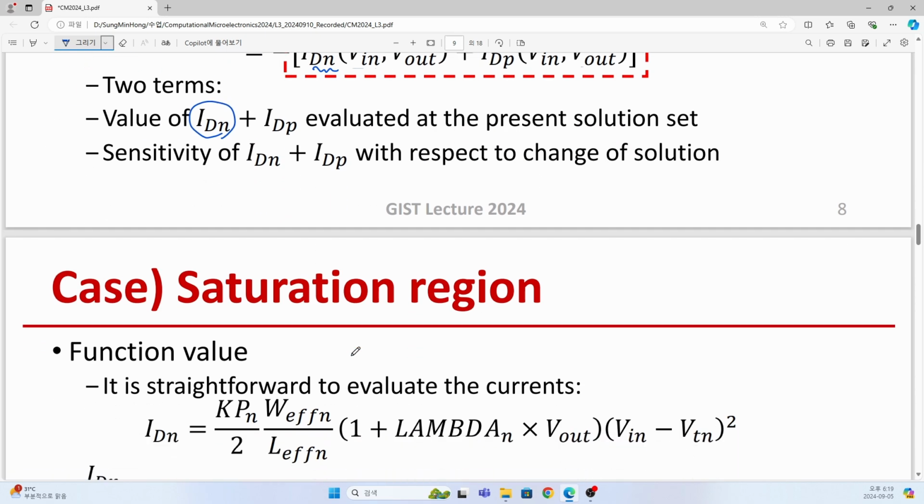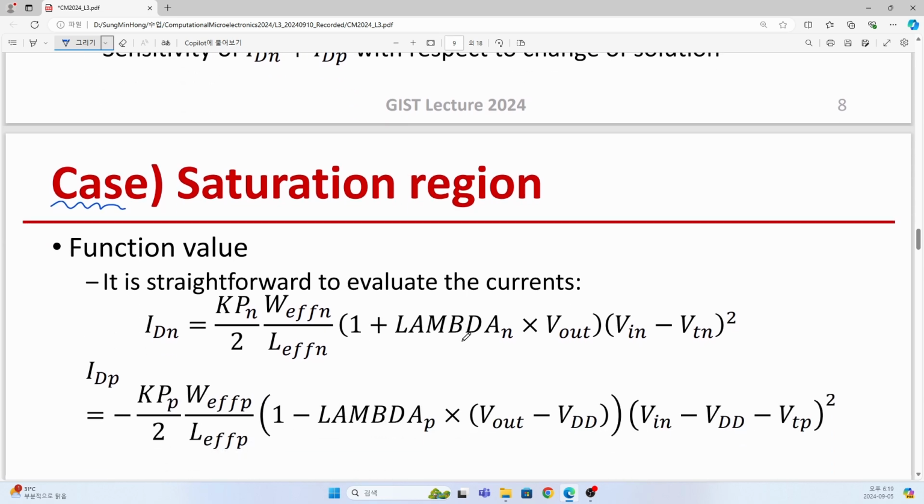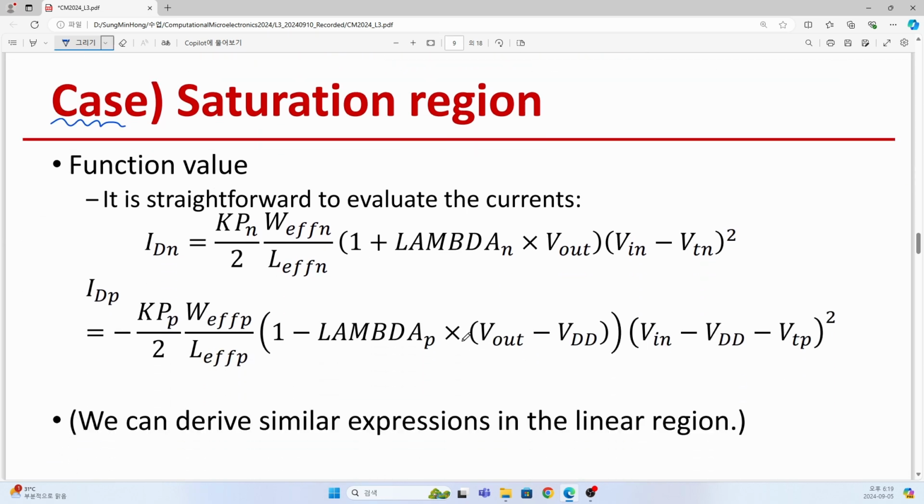So let me just show you a case study. For example, let's assume that our MOSFETs are in the saturation region. In this case, the expression for the NMOSFET drain current is shown here, and the expression for the PMOSFET drain current is written in this form.